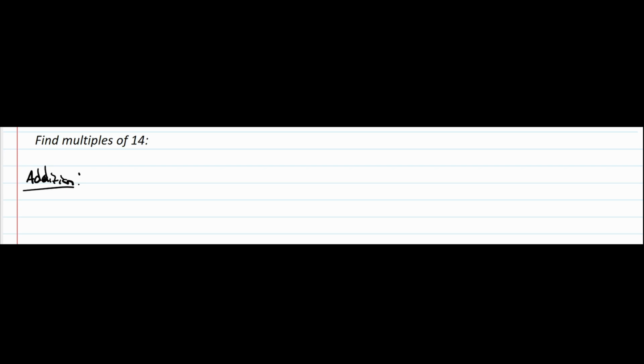But if we want to do it in the addition way, we'll have to do it in a sequence sort of method. So for example, we start off with 14. 14 is a multiple of 14. We'll have to add another 14, which will give us 28. And then we'll have to add another 14, which gives us 42.